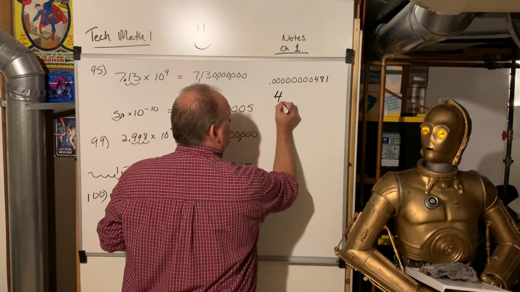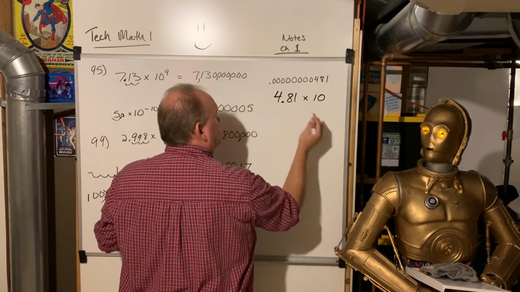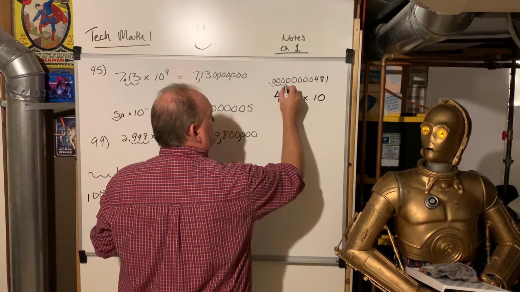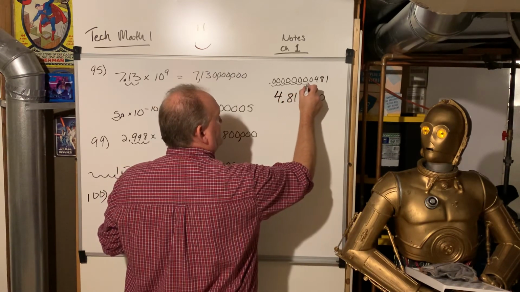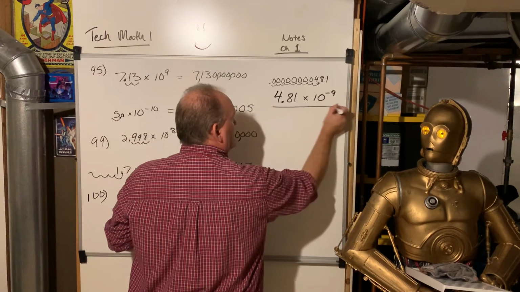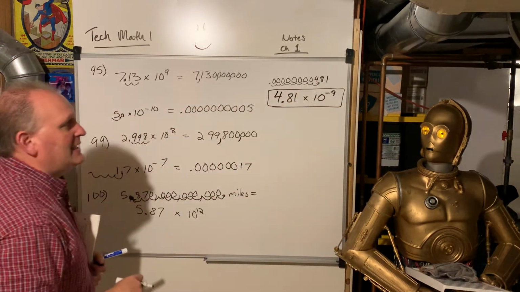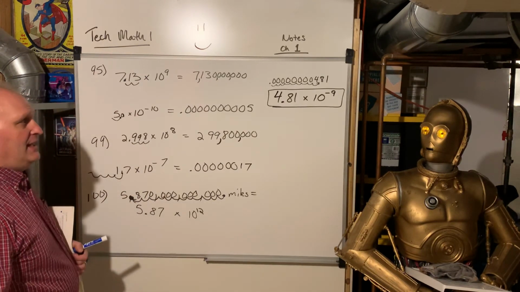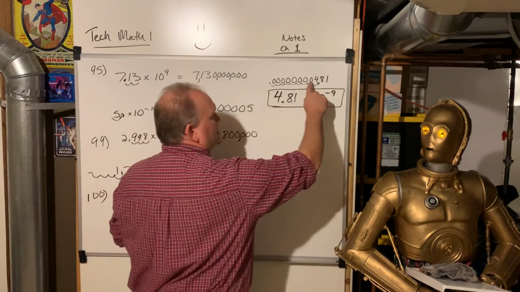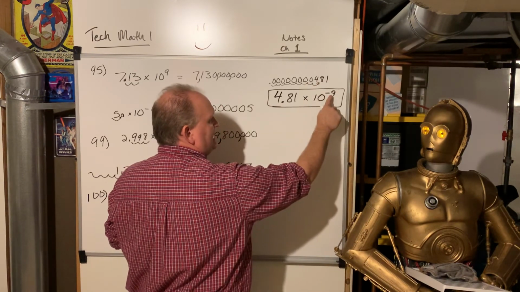So 4.81 times 10 to the 1, 2, 3, 4, 5, 6, 7, 8, 9, negative 9 power. We wanted it to be between 1 and 10, so we had to get it between the 4 and the 8. And then we counted out 8 zeros, but then there was still a 9th place to get it there. So that's why it's to the negative 9.